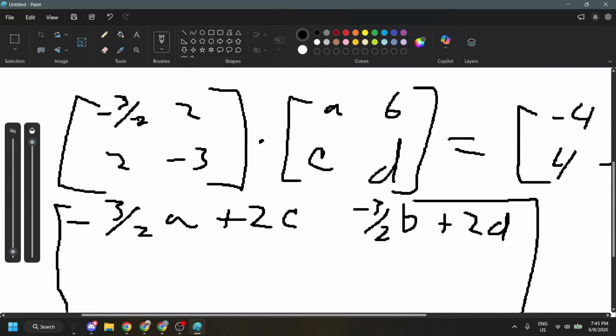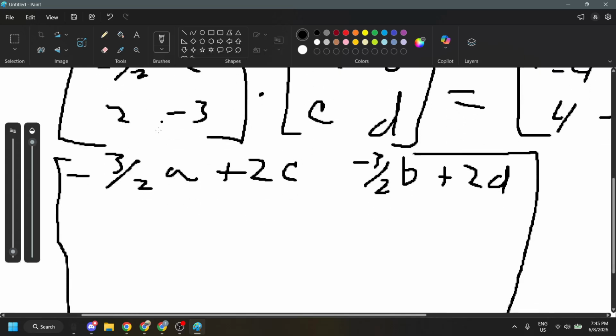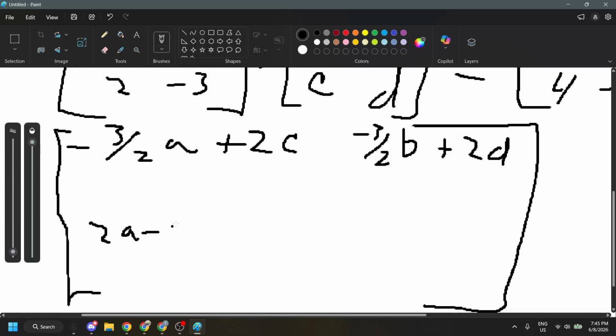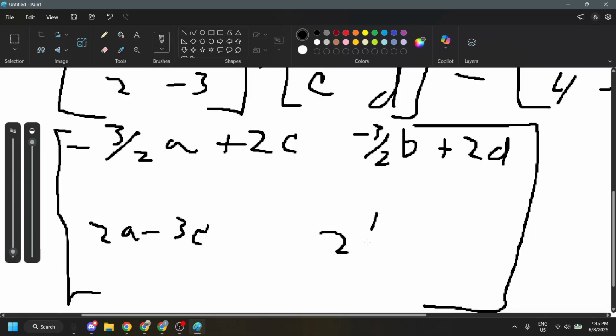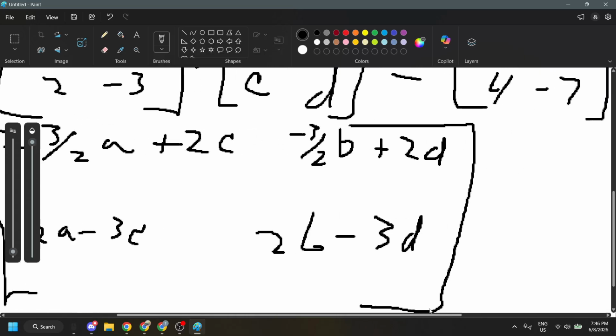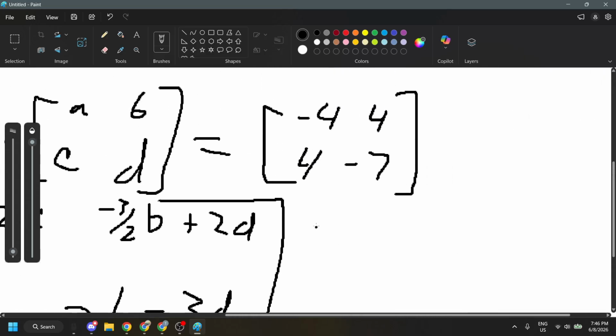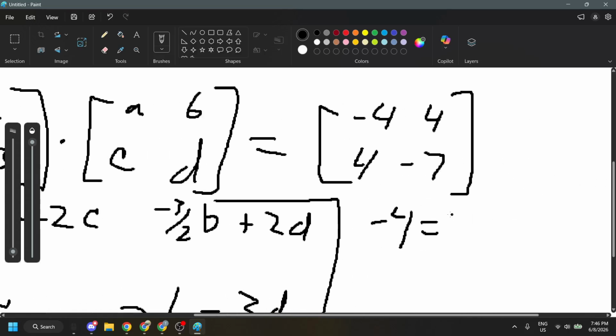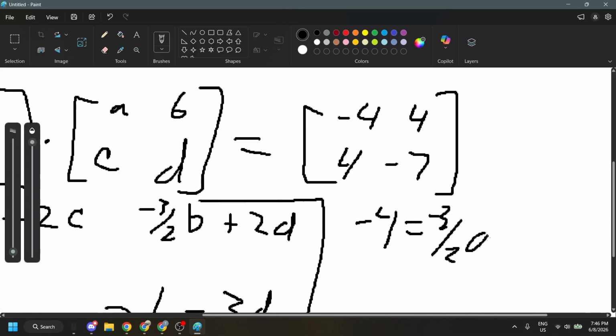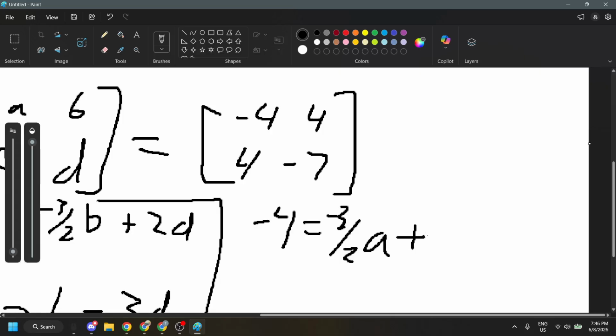And here's a different row, so it's going to be 2a minus 3c, and here's going to be 2b minus 3d. Okay, so now we just have a big system of equations, I think. So negative 4 is equal to negative 3 over 2a plus 2c.